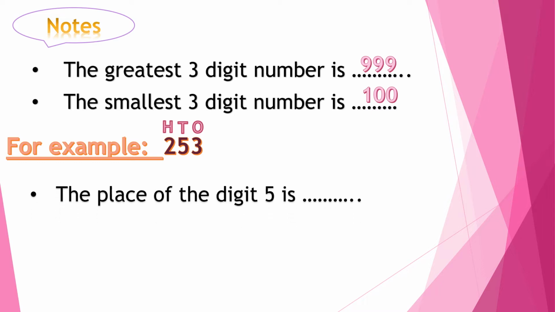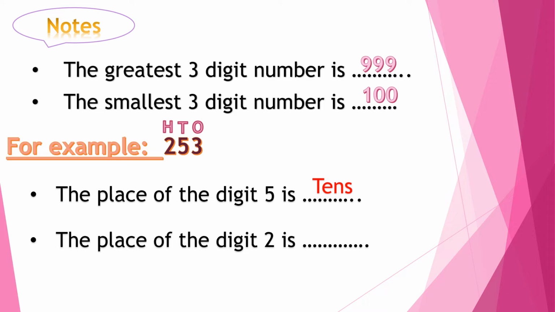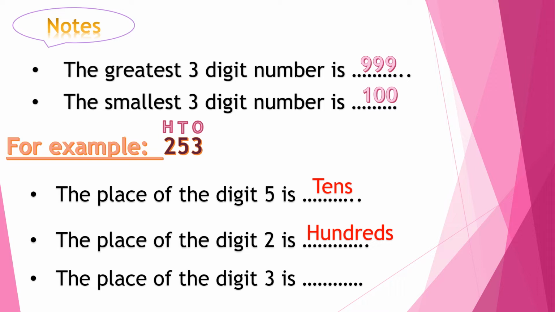The place of the digit 5: 5 is in the tens place. Then we write tens. The place of the digit 2: 2 is in the hundreds place. Then write hundreds. The place of the digit 3: 3 is in the ones place. Then write ones.